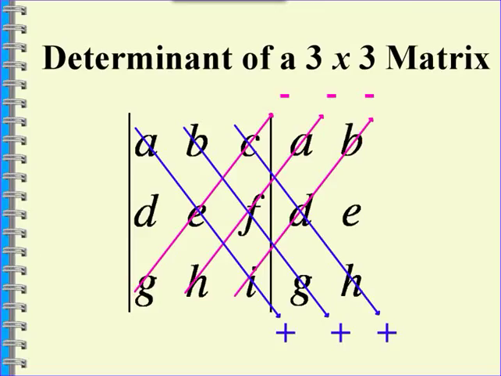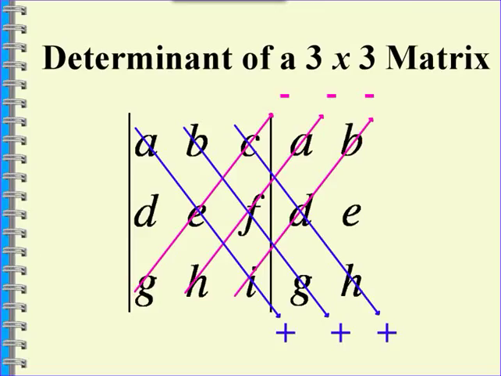So I'll let you go ahead and get that down, and then we're going to look at an example in class. The pink here is all the negatives. The blue here is the positives.